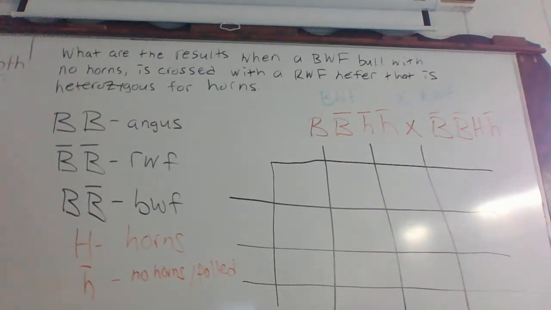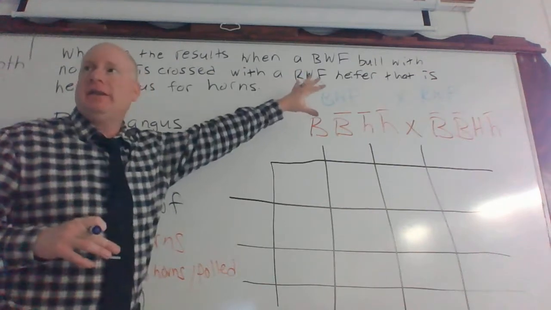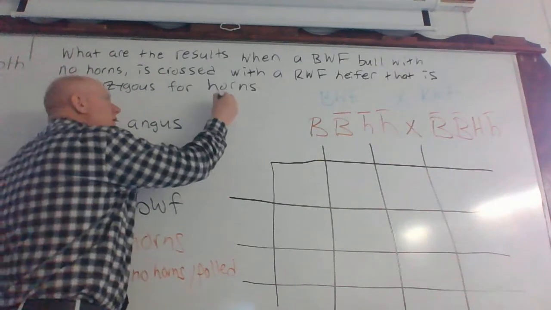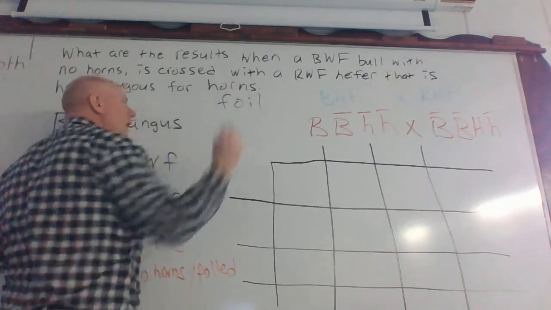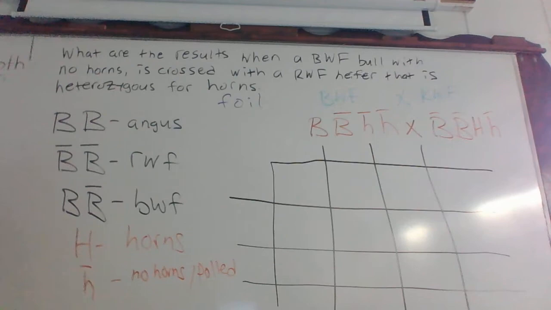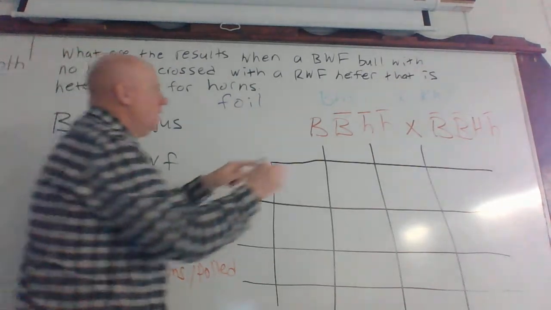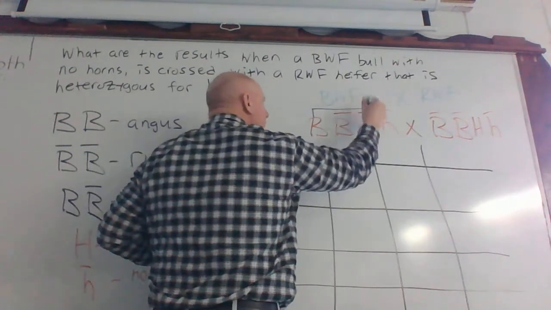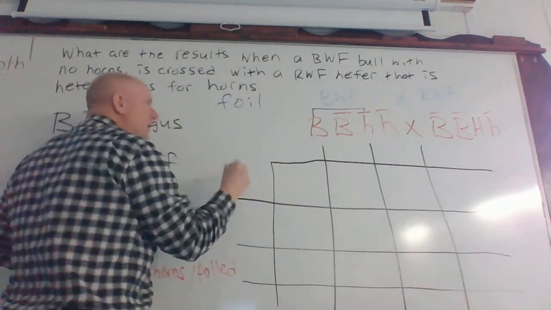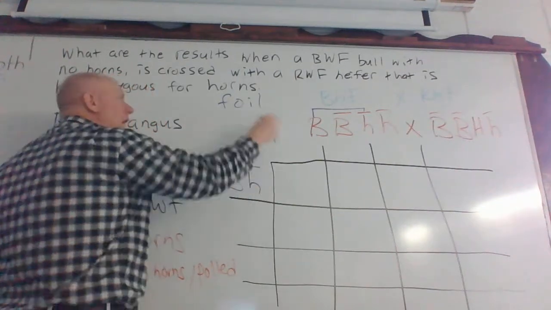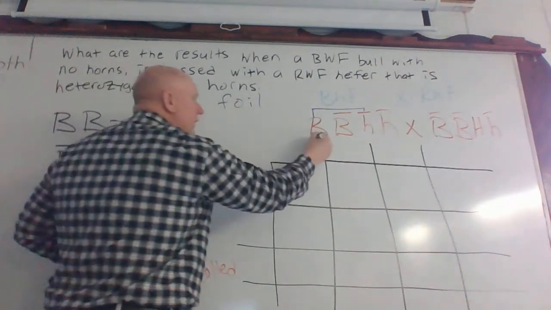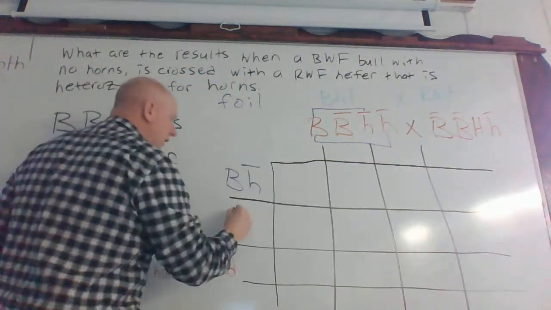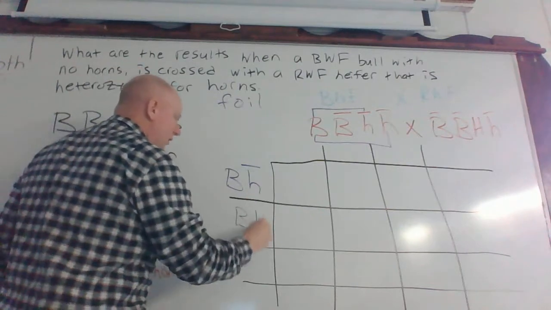So then, what this means to set this up, by FOIL, just like what it says, F-O-I-L. You're going to FOIL this out. So the first terms are a capital B and a lowercase h. The outside term, this outside all the way to that outside one: capital B, lowercase h.